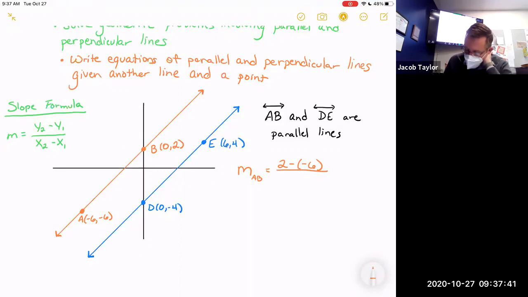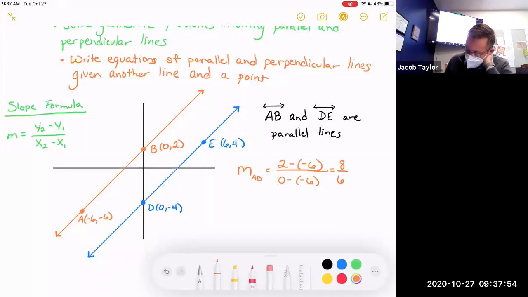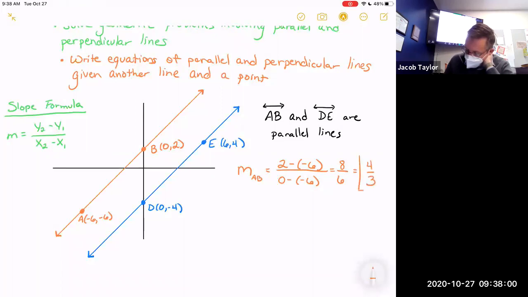The x coordinates are 0 and -6. So 0 minus -6. 2 minus -6 is 8. 0 minus -6 is 6. And that reduces to 4/3. Yes, good job.